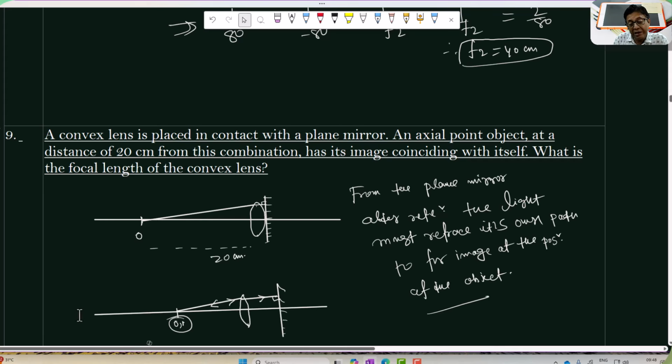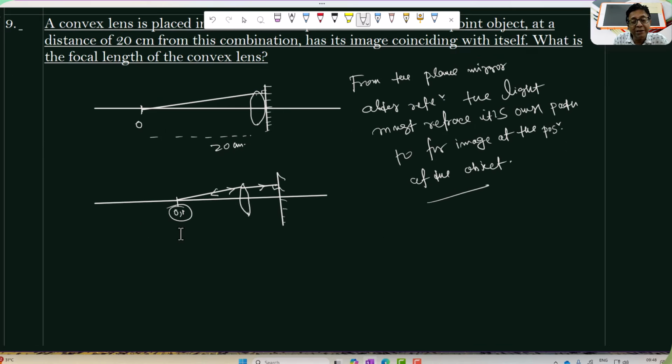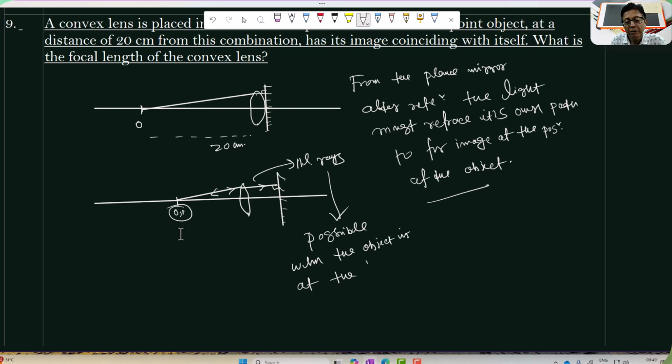So this can happen. These are parallel rays, parallel to the principal axis. Possible when the object is at the focus of the lens.